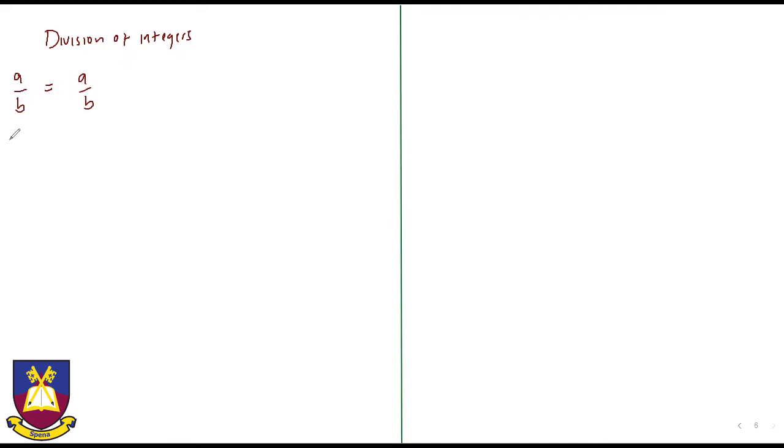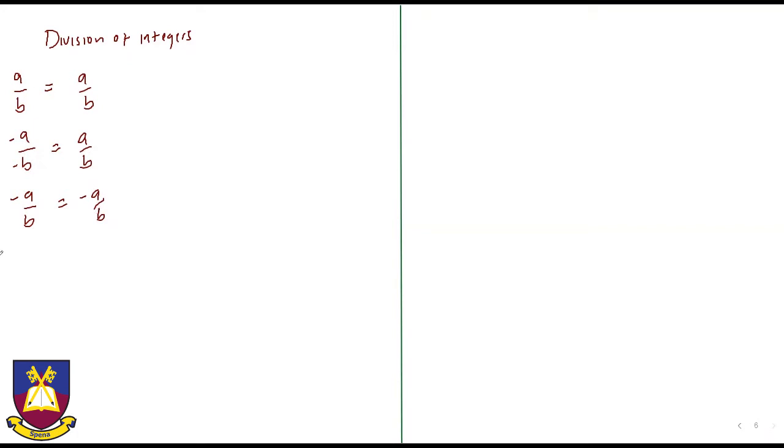If I had negative a out of negative b, it would still give me a positive. So negative divided by negative is positive. Then if I had negative a out of b, it would give me a negative. Doesn't matter whether the negative is up or down, you will still get a negative.